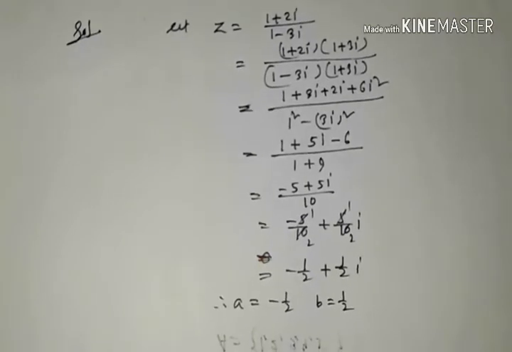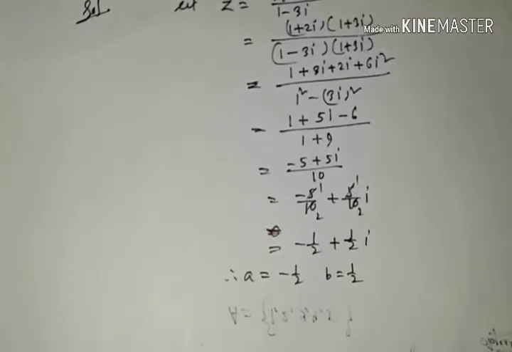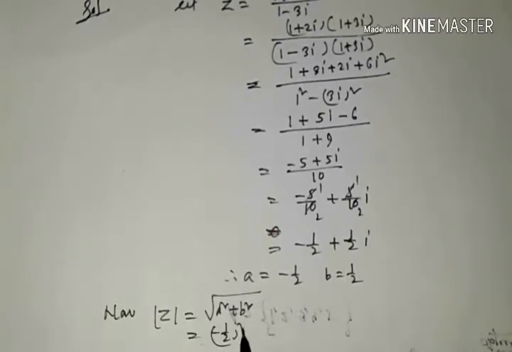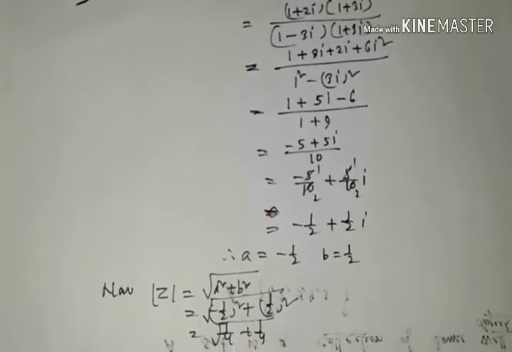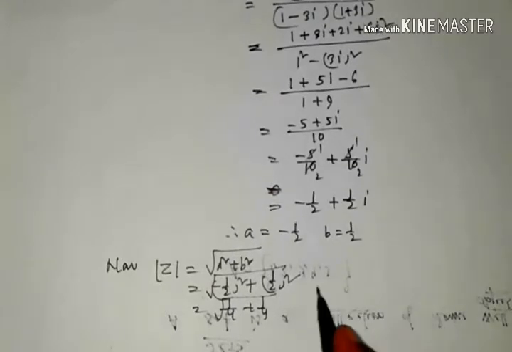Now the modulus of Z. What is the modulus of Z? The modulus of Z is equal to root over A square plus B square. This is A square, minus 1 by 2 whole square is 1 by 4, and B square is 1 by 4.